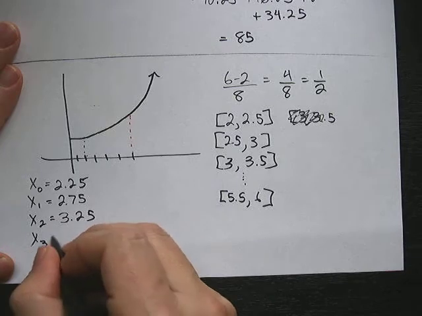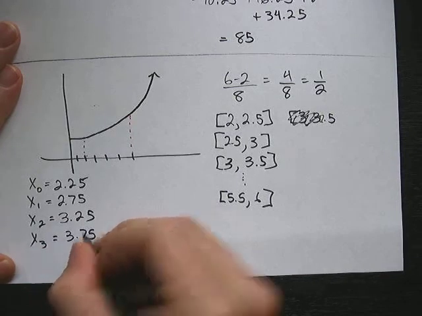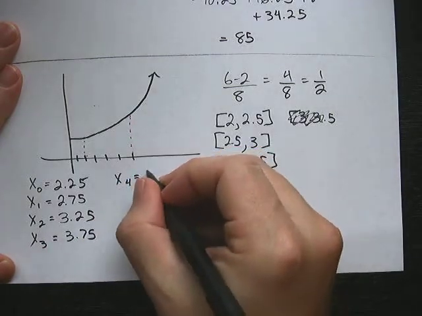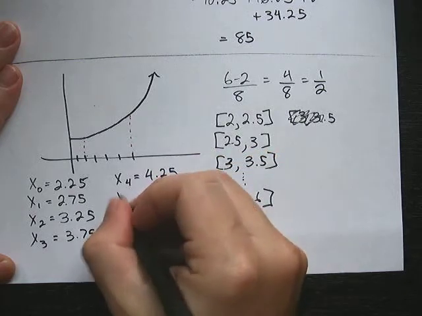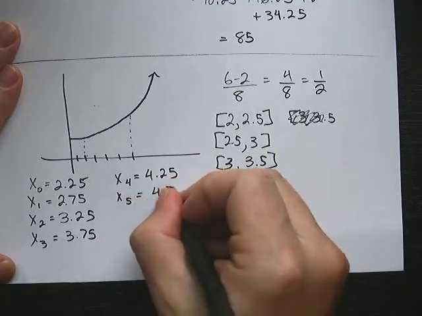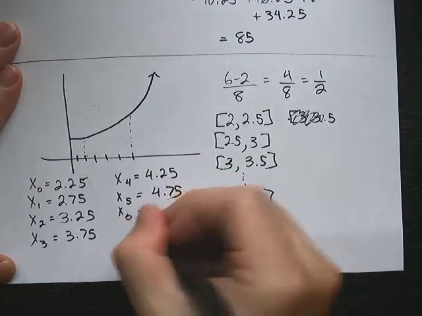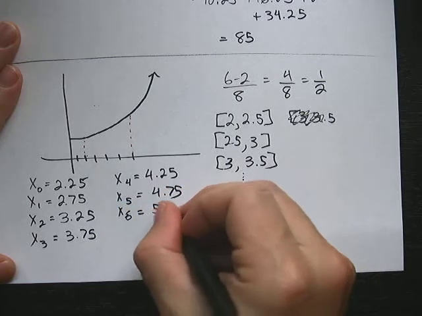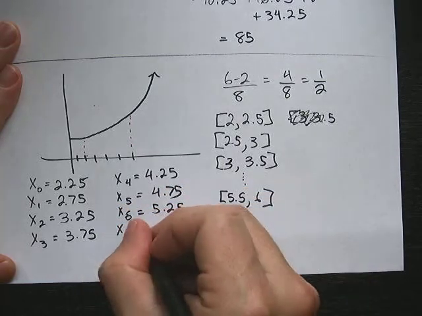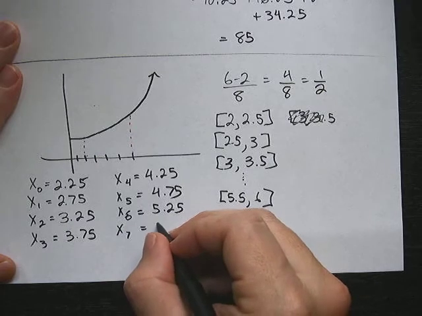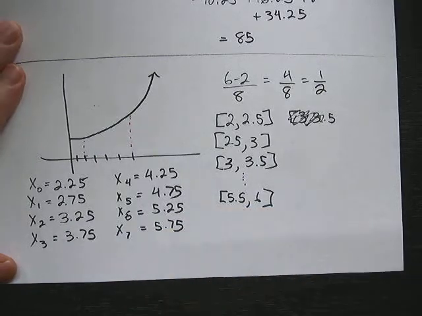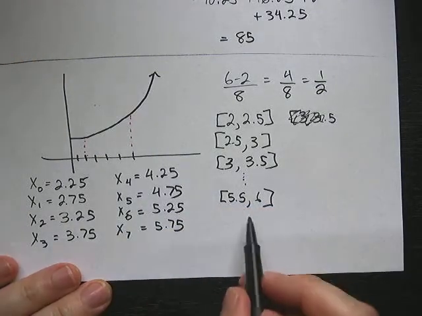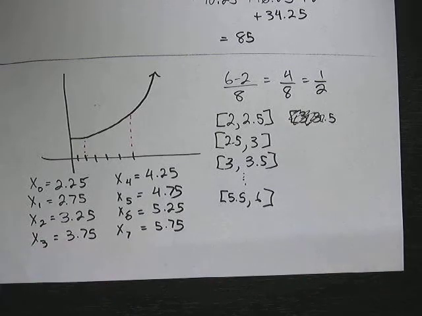So x sub 3 is 3.75. X sub 4 is equal to 4.25. X sub 5 is equal to 4.75. X sub 6 is equal to 5.25. And x sub 7 is equal to 5.75. Okay, and that last one is in between 5.5 and 6.